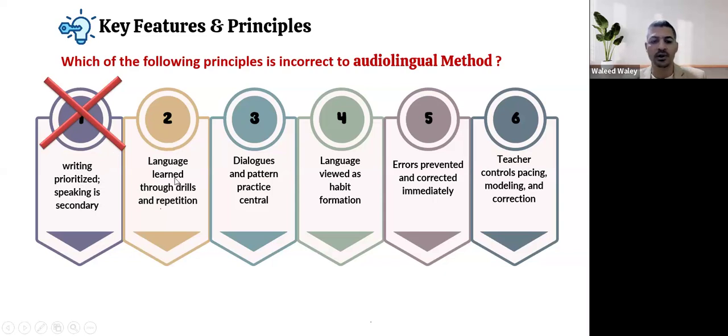Language learned through drills and repetition. Dialogues and pattern practice central. Language viewed as habit formation. Errors prevented and corrected immediately, as the teacher did. And the teacher controls pacing, modeling, and correction. Okay, so let's go to what we are going to discuss now.